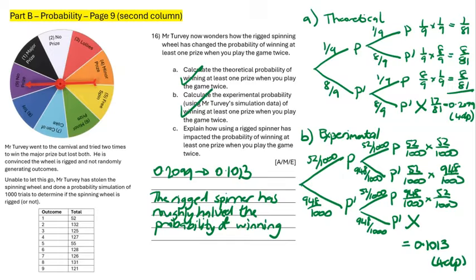I should be more specific. With winning at least one major prize if Mr. Turvey spun the wheel twice.